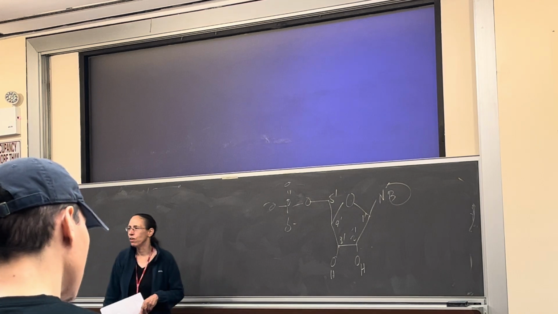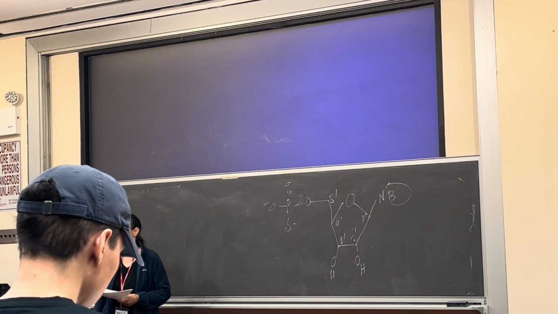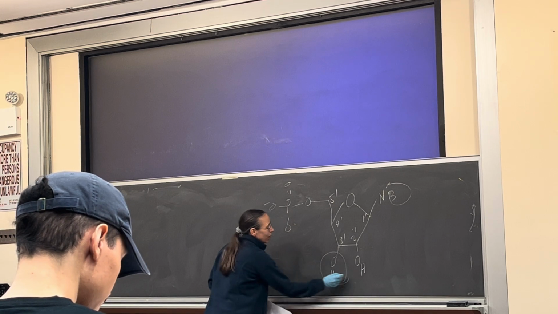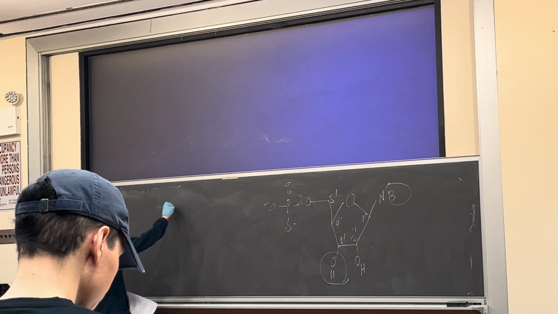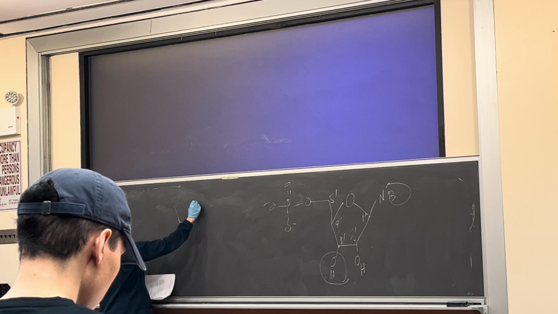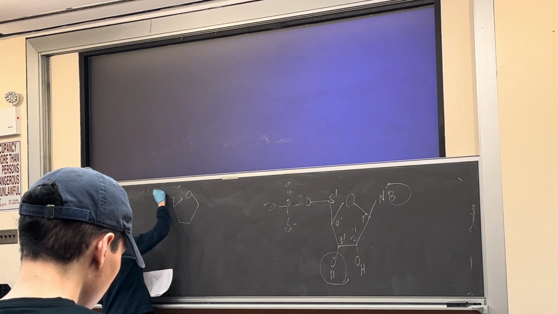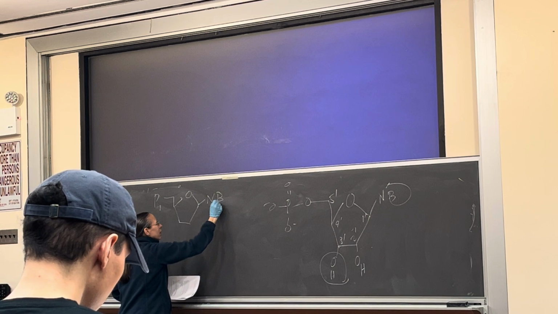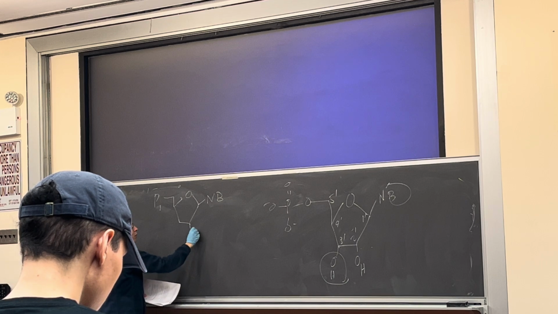You should just know the structure of a nucleotide generally, and you should definitely know where the next phosphate is going to be added. If I did ask you to draw a dinucleotide, imagine this was DNA.